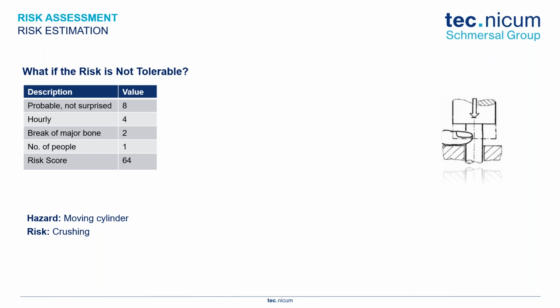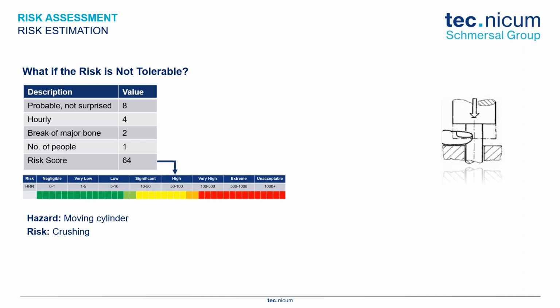That gives us a value of 2. And one person at a time would be exposed to this potential hazard. That gives us a score of 64. Again, this is an example. You can use any metrics you want. In this example we have a 64, and based off of that value, we do a risk evaluation, and it says that we have a high risk.